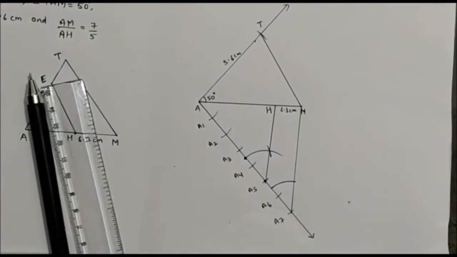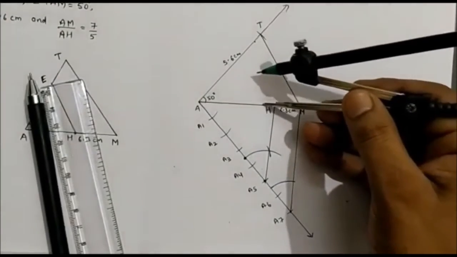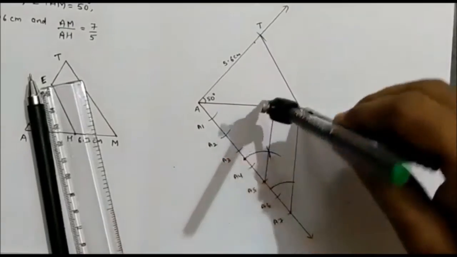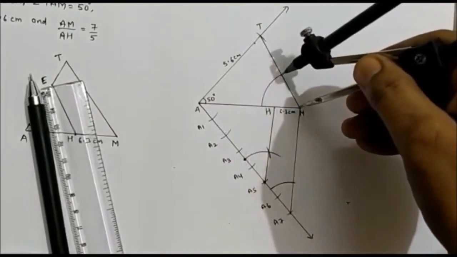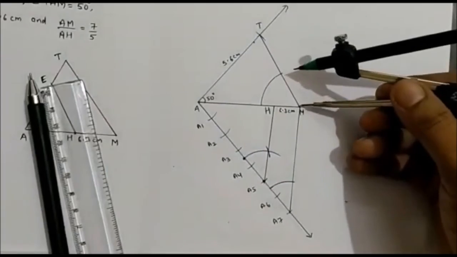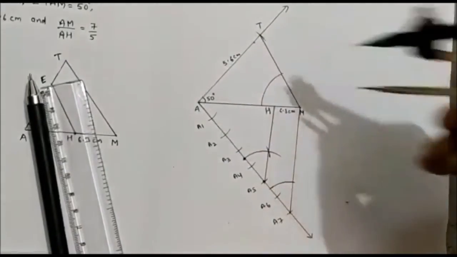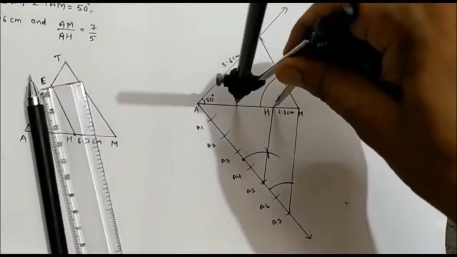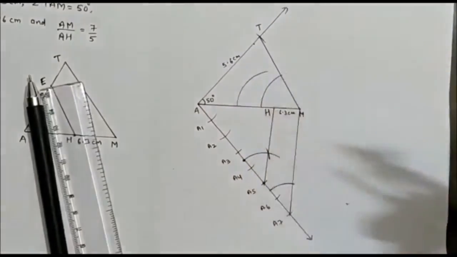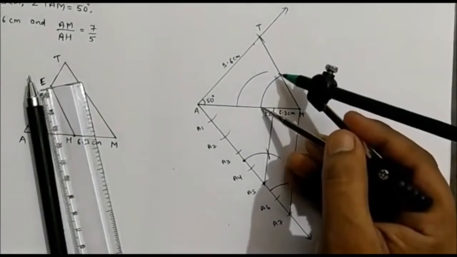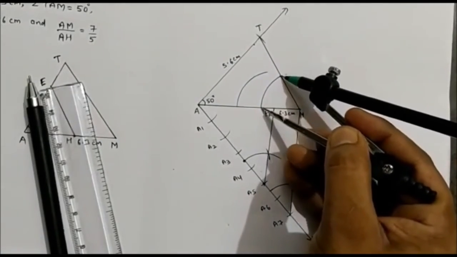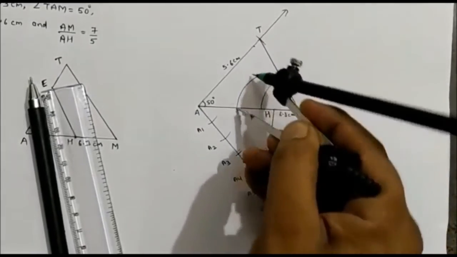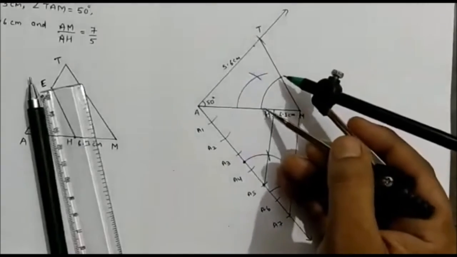Now you will keep it on M and then H. Keep it on point M, take some distance and cut the arc. I repeat, keep it on point M, cut this arc. Now keep it on point H, and with the same distance, cut the arc. And now take this distance, and with this distance from this point, cut this arc once again.